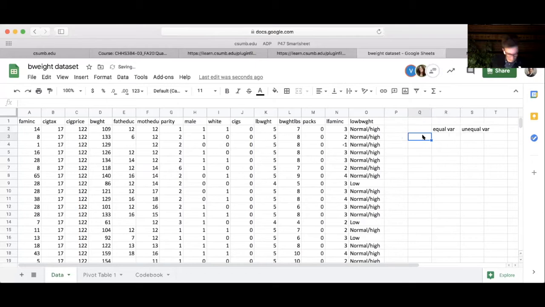Okay, and we're going to first calculate, we're going to have the N here.